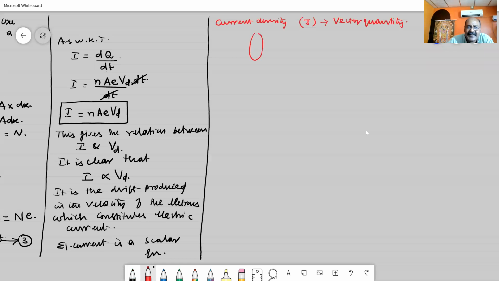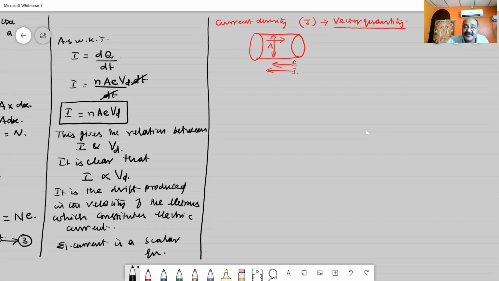I have considered a conductor whose area of cross-section is A. The electrons are moving from left to right, so the electric field as well as the current are acting from right to left. The electrons are moving perpendicular to the area. That is why current density is a vector quantity.